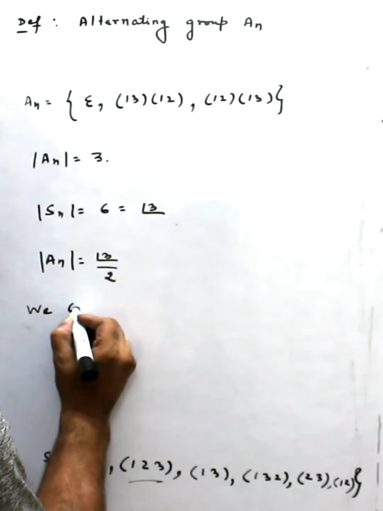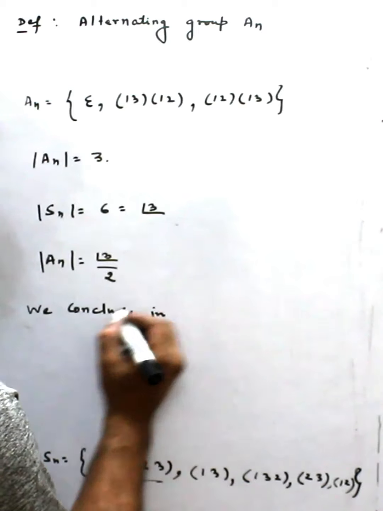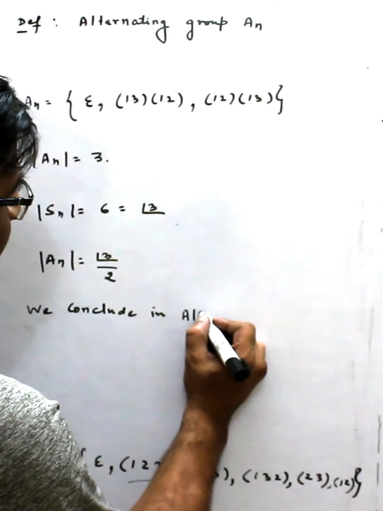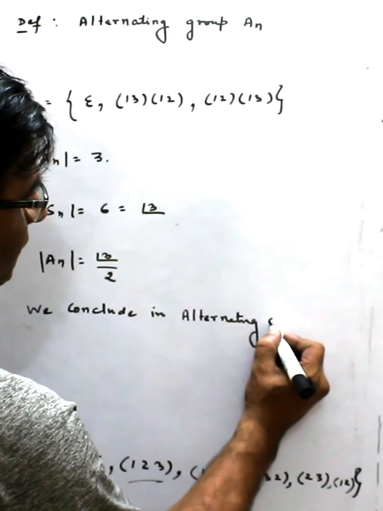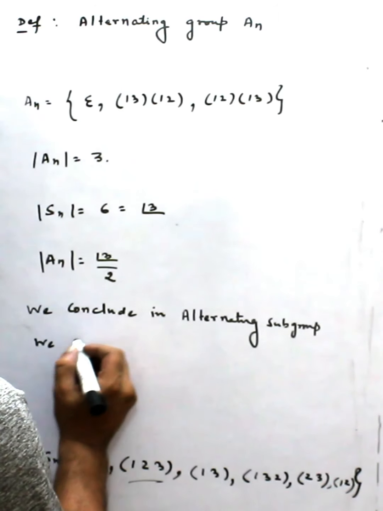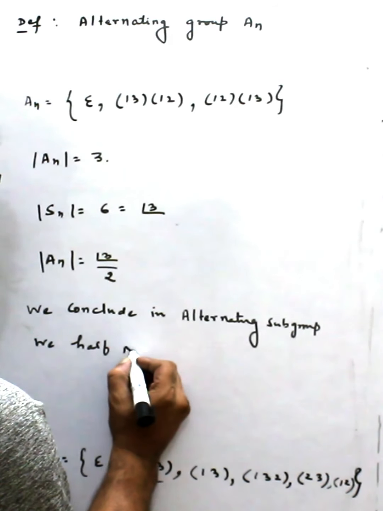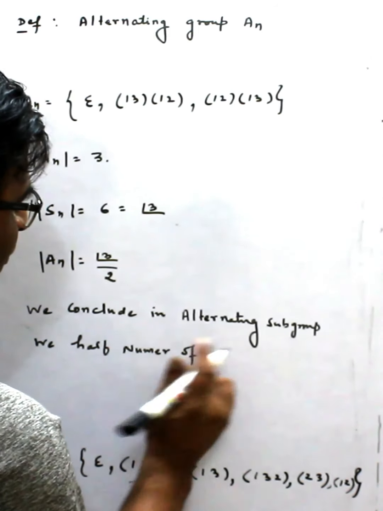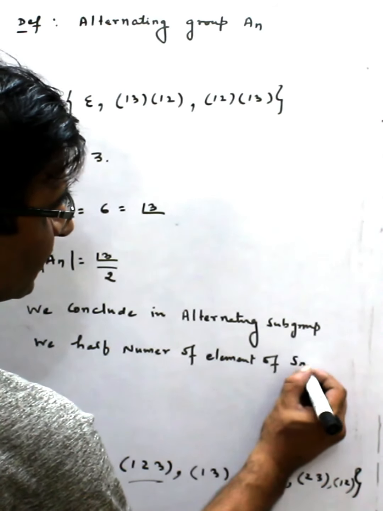We conclude that in an alternating subgroup or group, we have half the number of elements of Sn.